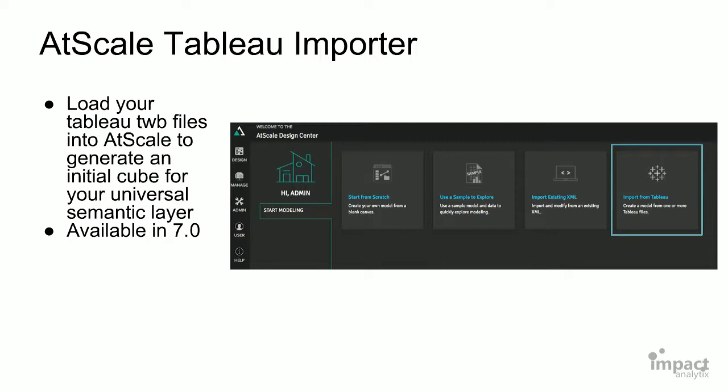So in the interface, as you can see, we can load your Tableau workbooks into the Tableau importer. Now, it's not just one single file at a time. You can load as many Tableau workbook files as you would like into a zip file. And the AtScale Tableau importer will analyze all of that for you.